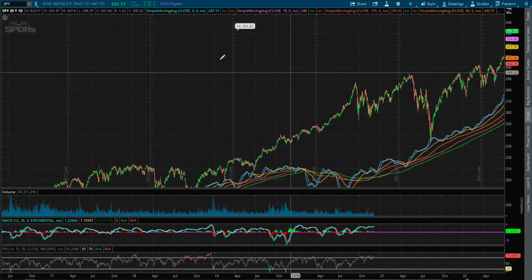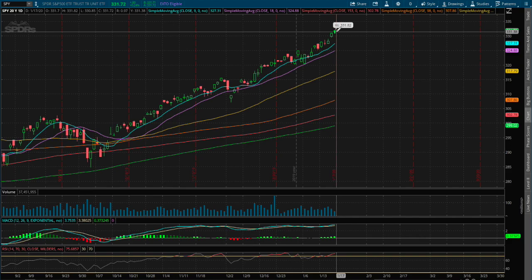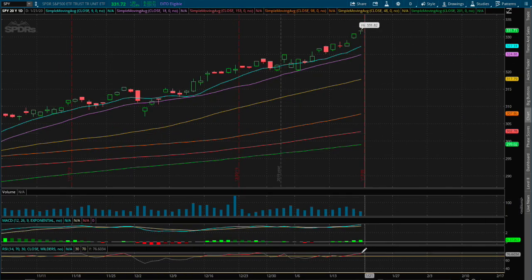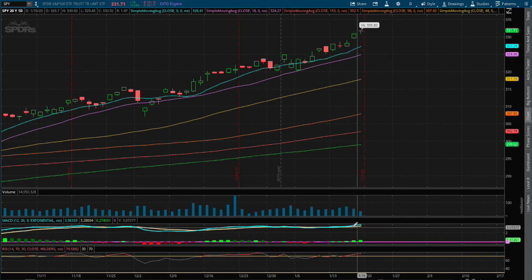So if we expand out to the daily chart, we reached all-time highs again today, and we are currently at overbought RSI, and we have not seen a divergence on the daily MACD, so the uptrend is still pretty strong.